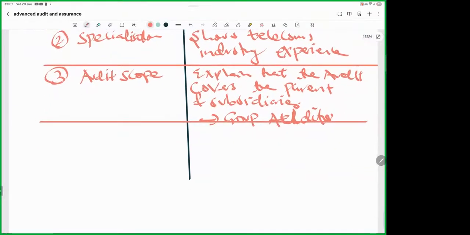Then go ahead and tell us about the audit approach. Is it risk-based?